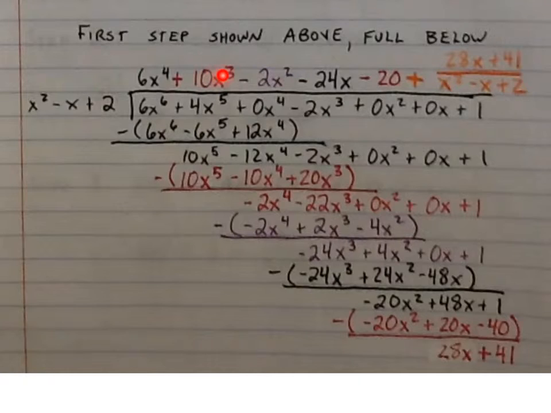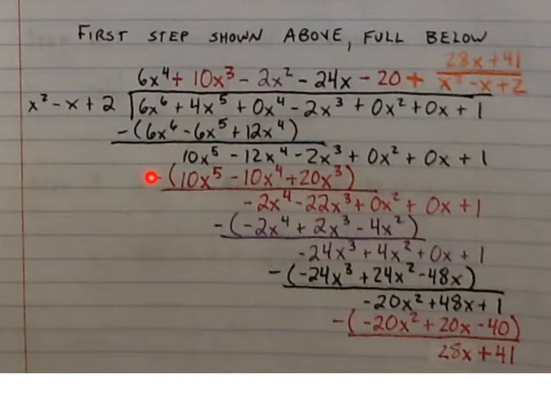10x to the third times negative x becomes negative 10x to the fourth, and 10x to the third times 2 becomes positive 20x to the third. And then I take that equation and I subtract it from the above one. 10x to the fifth minus 10x to the fifth is 0.